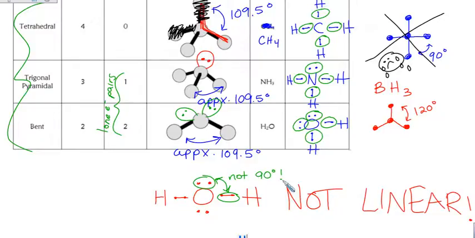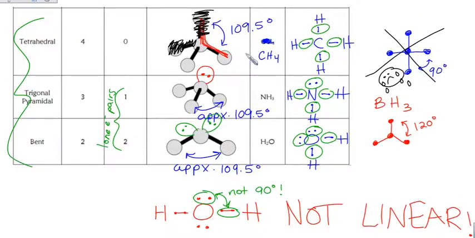So you're not working with something that looks like a T shape or a cross. In reality, you're working with something that looks more like this. There, let's get rid of all this junk. You're really looking at this three-dimensional tetrahedron where the angles are more than 90, close to 110.